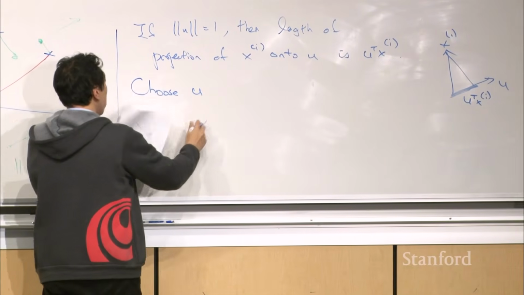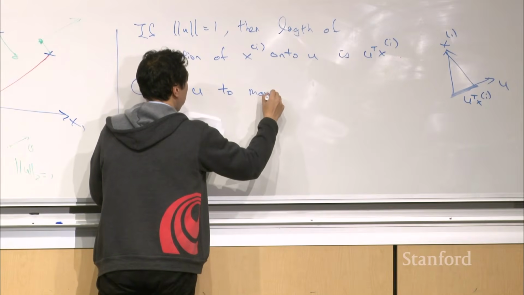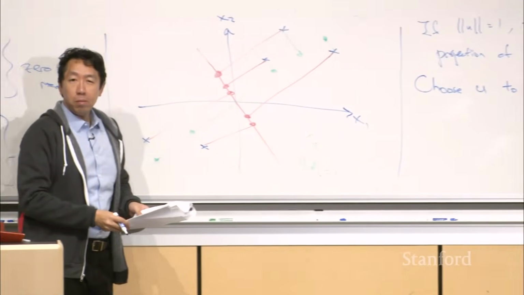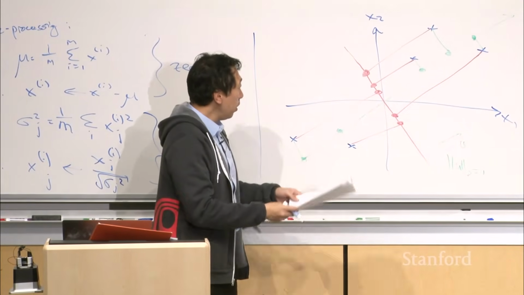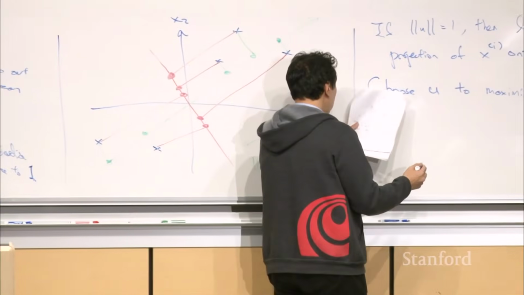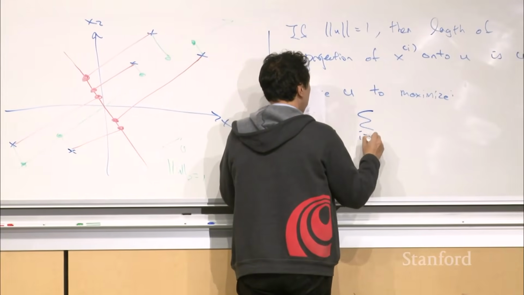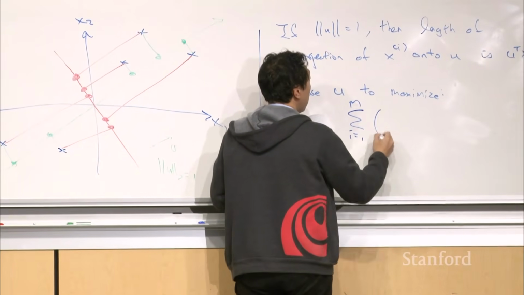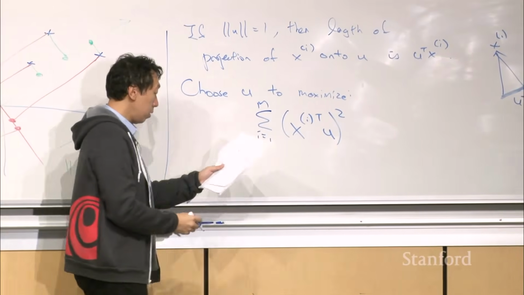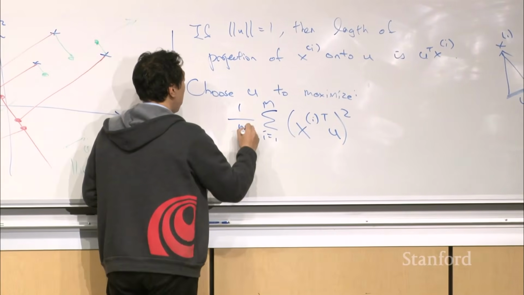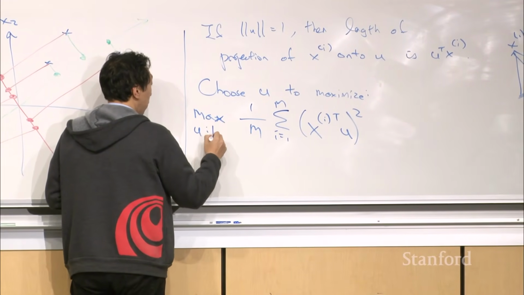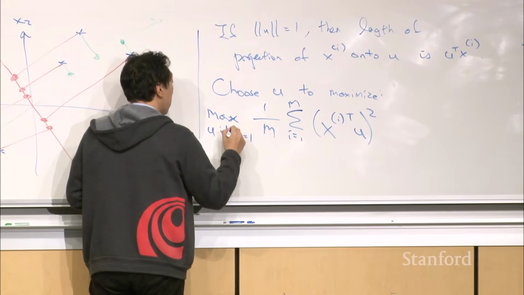So in PCA, we're going to choose the vector u to maximize the spread of the green dots. So we're going to maximize the sum over your m training examples of (xi transpose u) squared. Let me just put a 1 over m there, and you're going to maximize this over all the choices of u where the length of u is equal to 1.